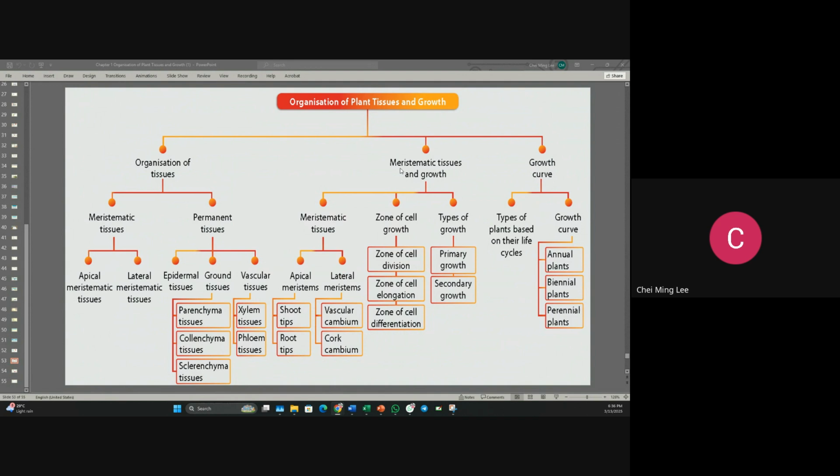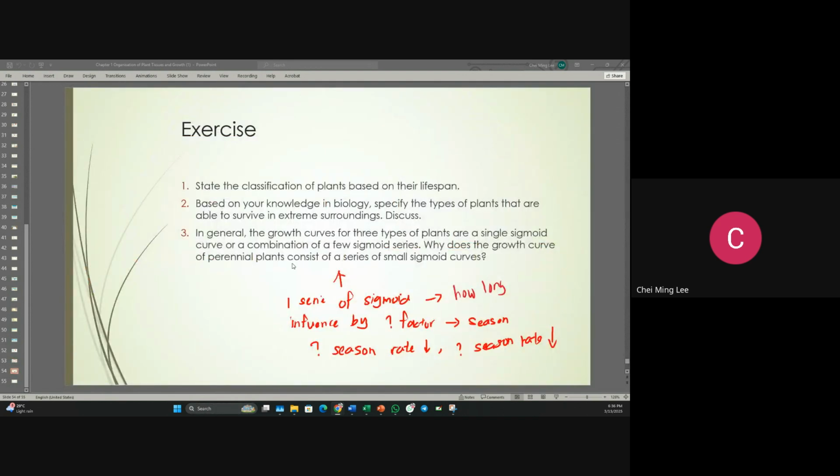chapter 1. Try to do these 3 questions. For these questions, he wants you to explain why, for example. We need to mention, for one series of sigmoid curve, how long it normally lasts and what factor influences it. Which season is the rate of growth lower, and which season is it higher?